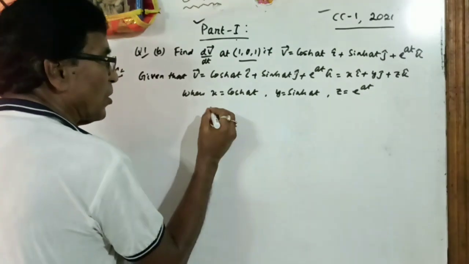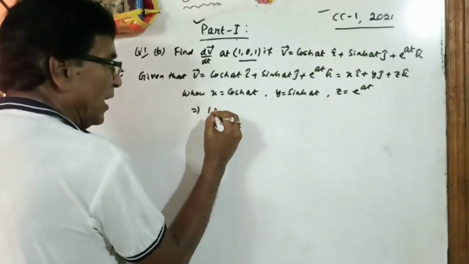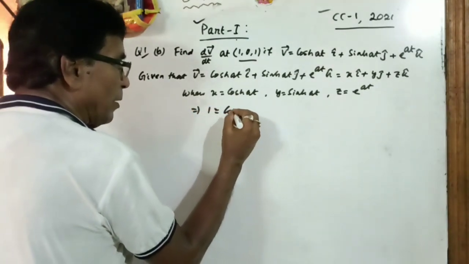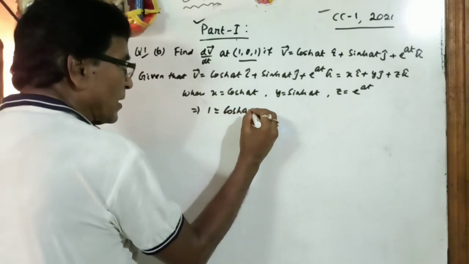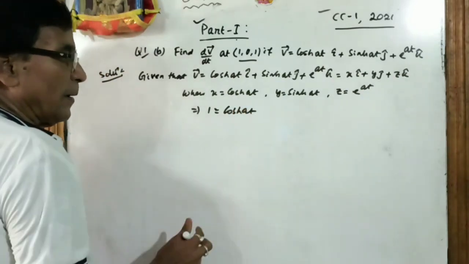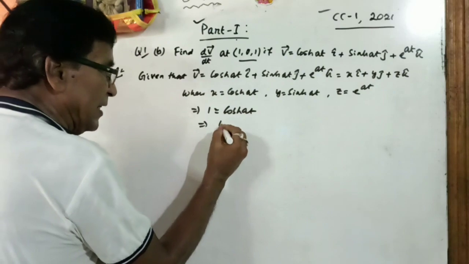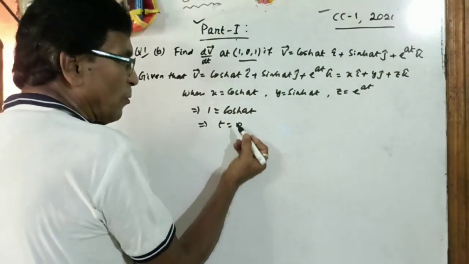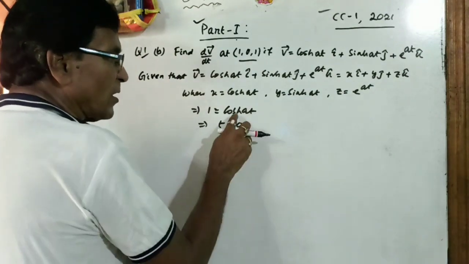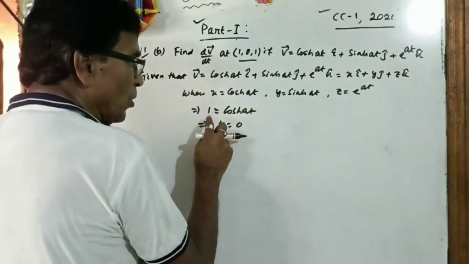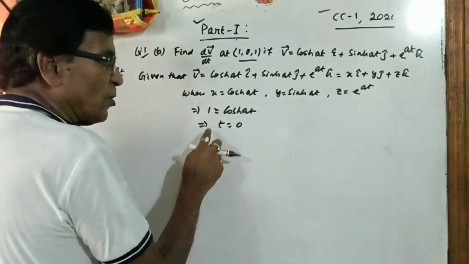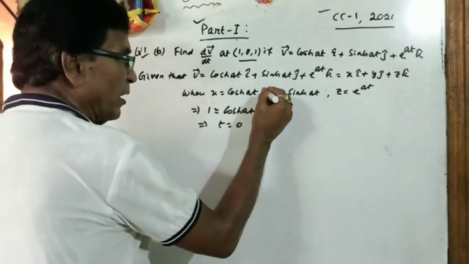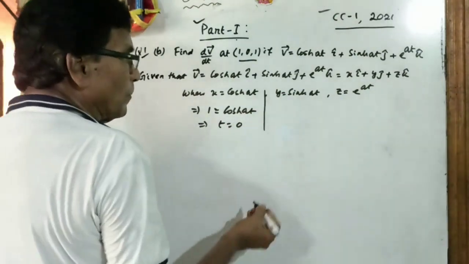So for x = 1, cosh t is 1. That implies t = 0, because we know that cosh 0 is 1. So the corresponding value of t is 0.